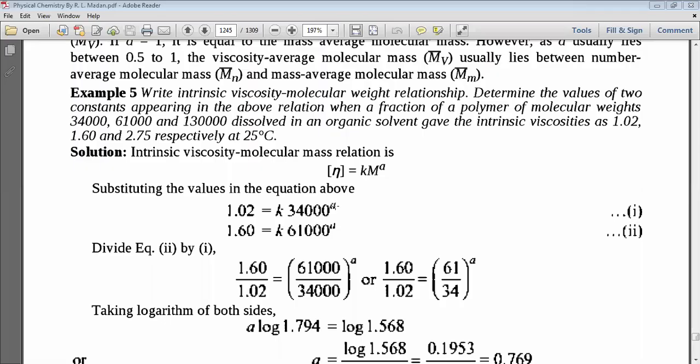Now dividing these two equations, we get 1.60 by 1.02 equal to (61,000 by 34,000) to the power a.